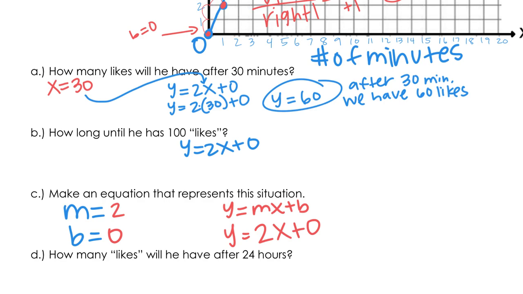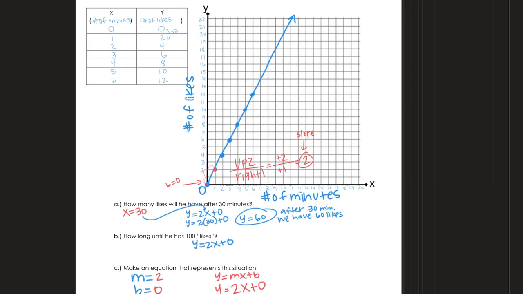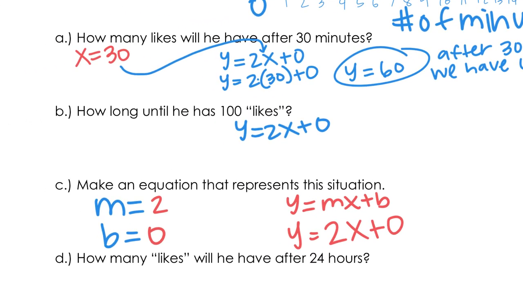Now, if we again look back at our table and graph, number of likes was our y values. So they're asking me when will our y equal 100? So I'm going to plug it in where the y is. So 100 equals 2x plus 0.